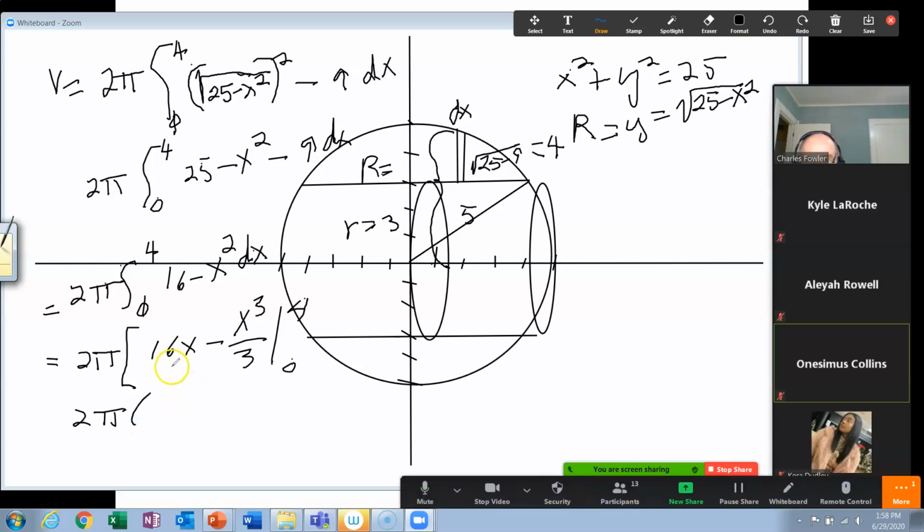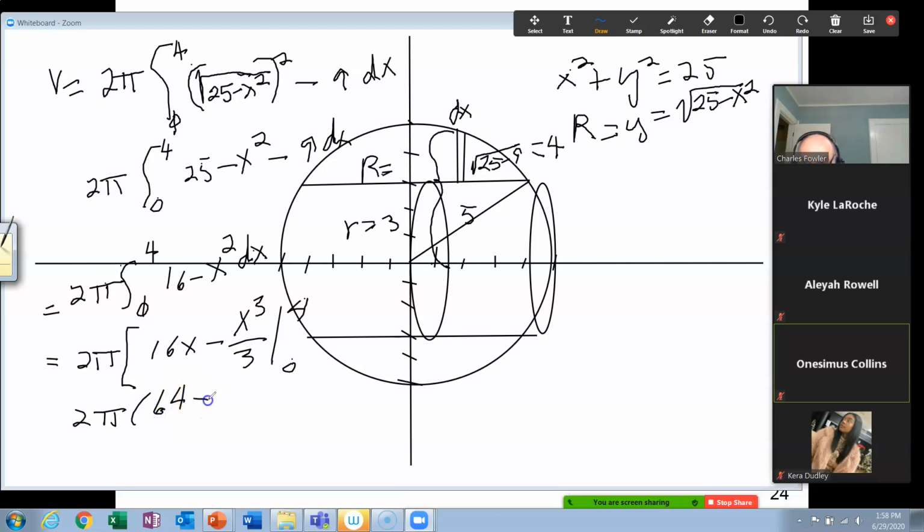Okay, 2 pi times, when you plug in 4 times 16, that's 64, minus, and 4 cubed is 64, so 64 thirds, and then I'll do the 0 part, that's just 0. Here's what I'm going to do. Hopefully it's okay with you.